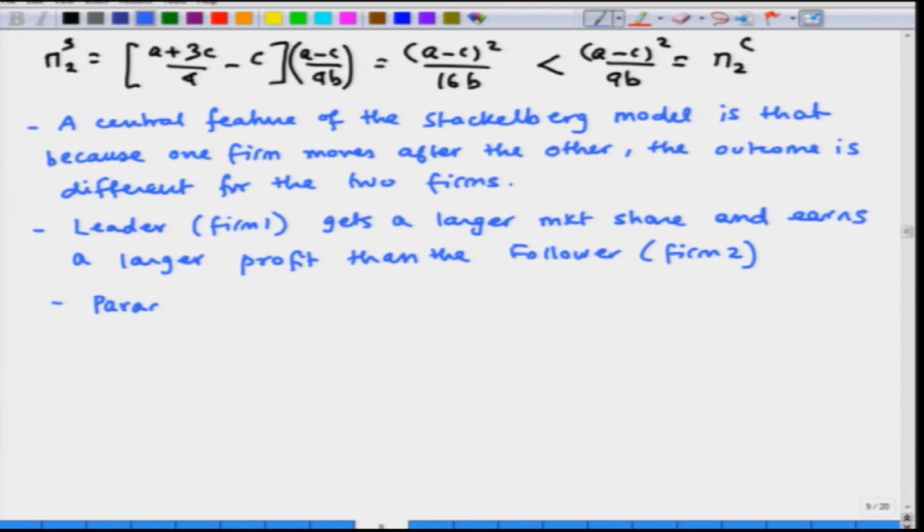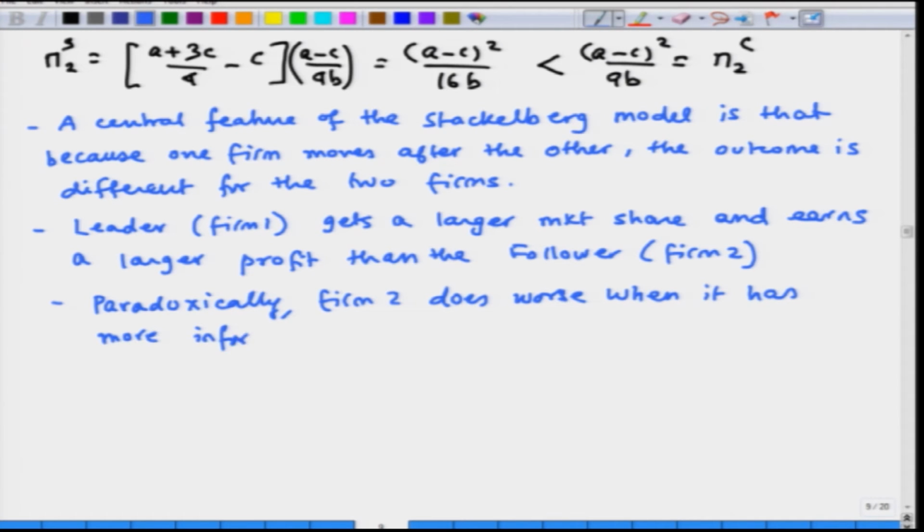So, paradoxically firm 2 does worse when it has more information about firm 1's choice of Q1, because now it observes the Q1.